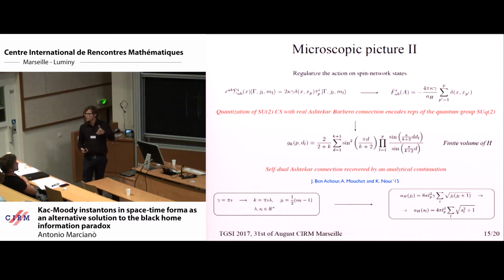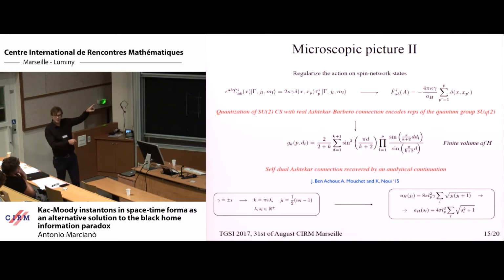The deformation parameter usually is z, which is the logarithm of q. It is related to q being the exponential of i pi over k plus 2, where k is the level of the Chern-Simons theory, and the level of Chern-Simons theory here is also related to the area of this isolated horizon.